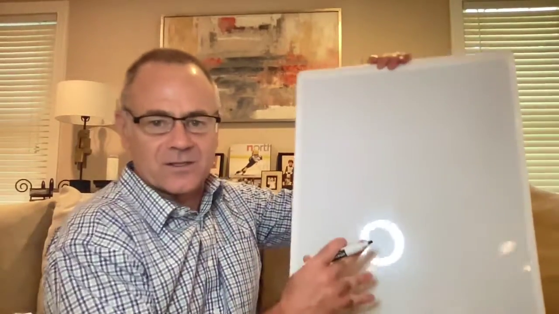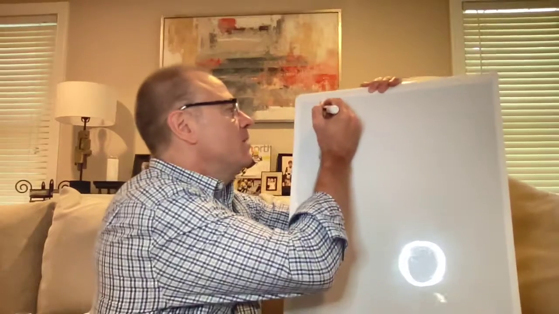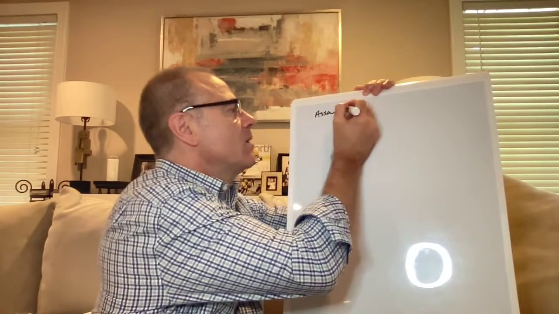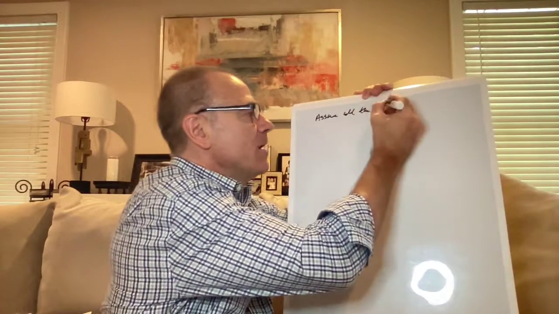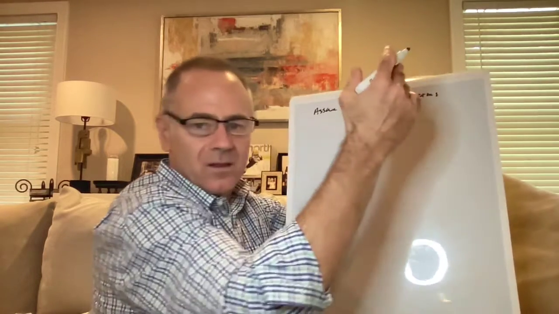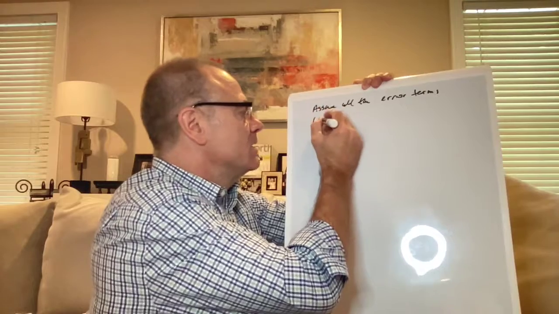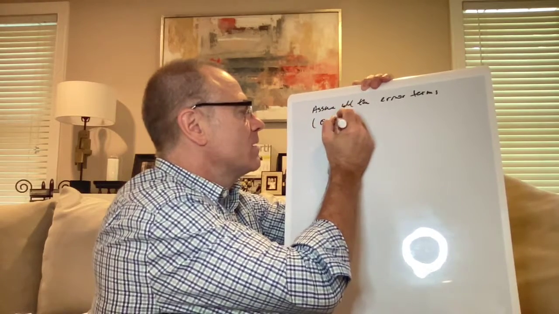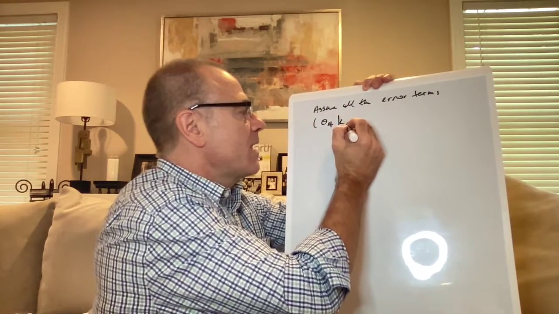Okay, now given that, assume all the error terms in the McFadden paper, that is the theta 4 times K_i.